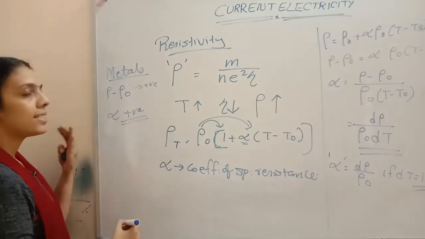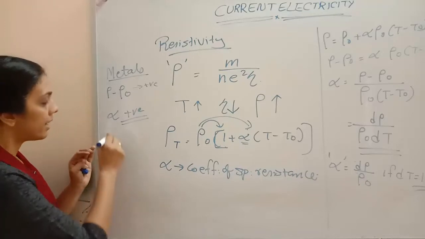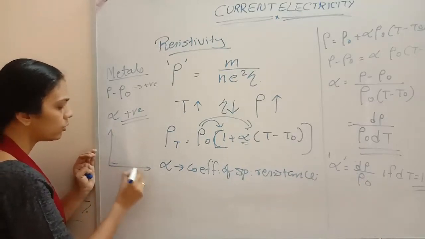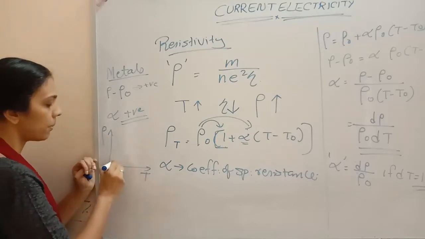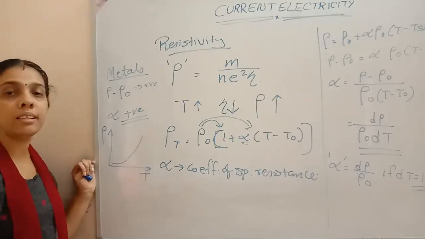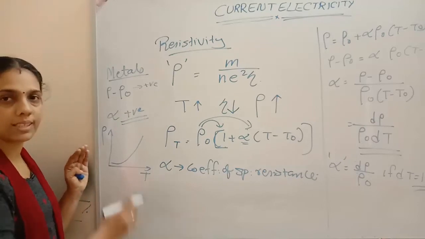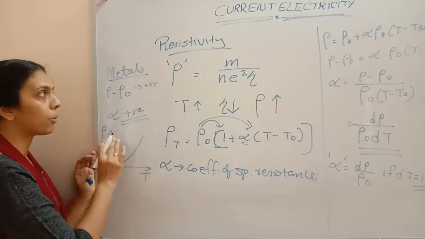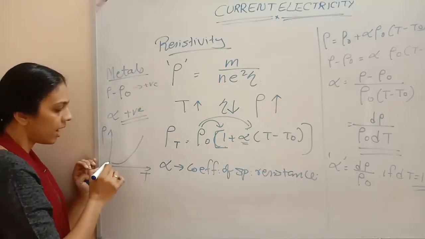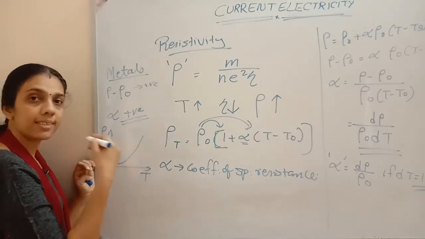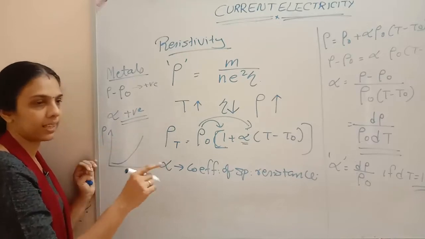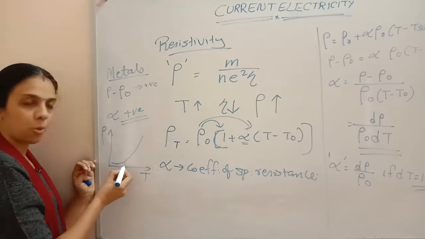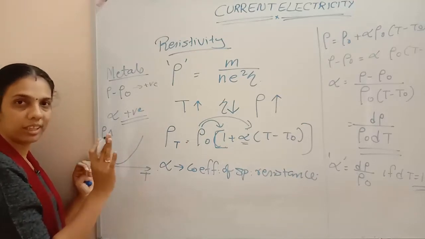That means as temperature increases, the resistivity of the material at first won't show much difference, but after that it starts increasing slightly. This diagram is important. In the case of metals, as temperature increases, resistivity also increases, though for small changes in temperature it won't increase that much.